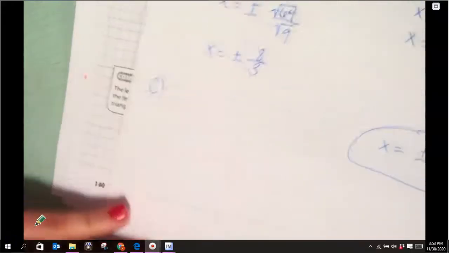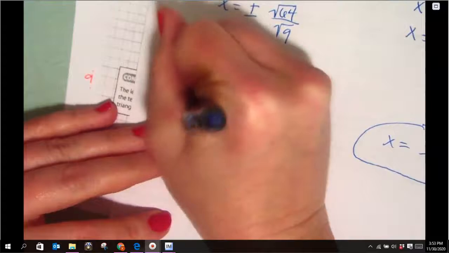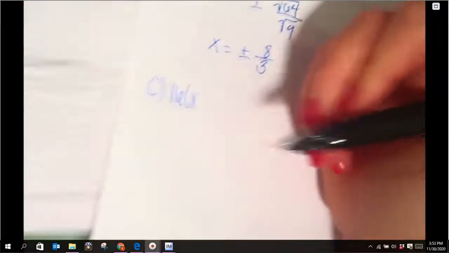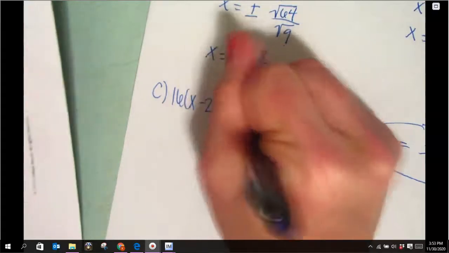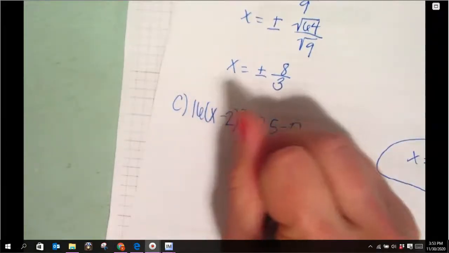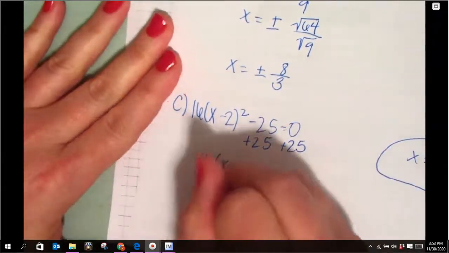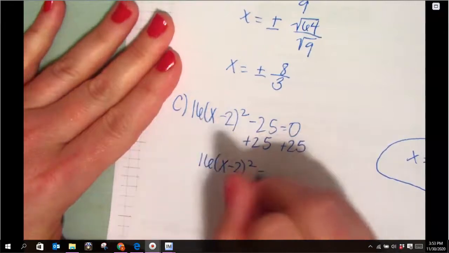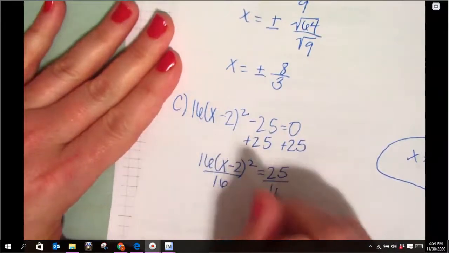Okay, and C is 16 times x minus 2 squared minus 25 equals 0. Okay, so we're going to add 25. So 16 times x minus 2 squared equals 25. Divide by 16.